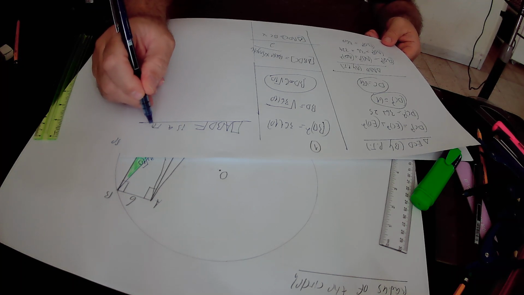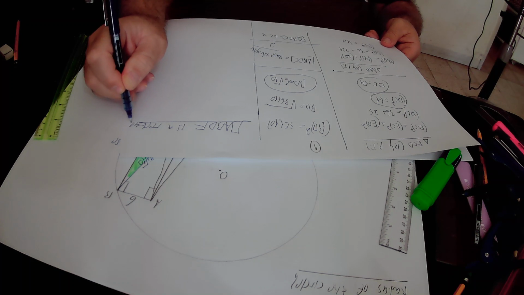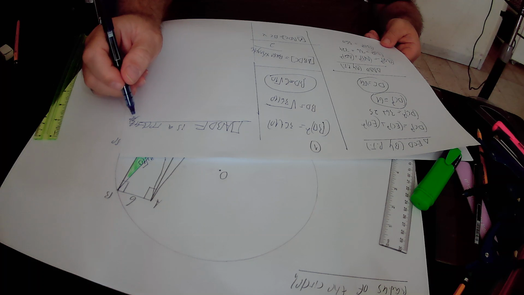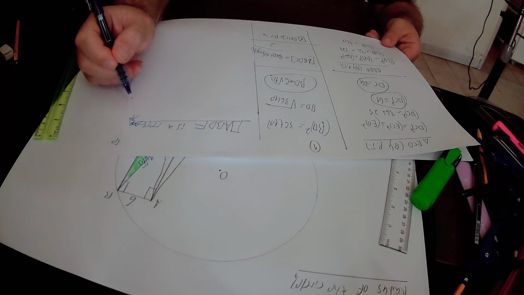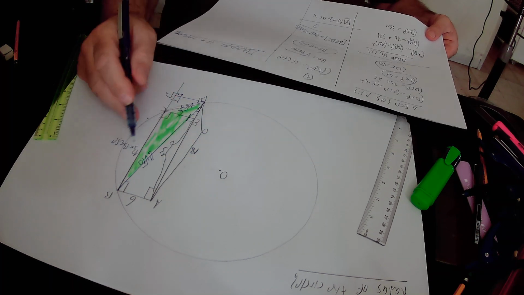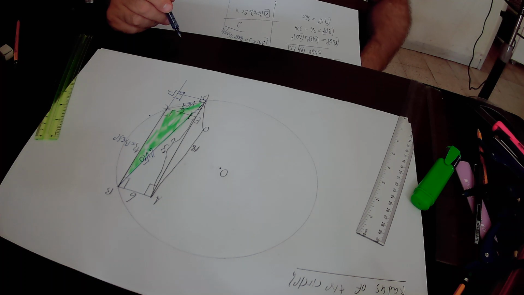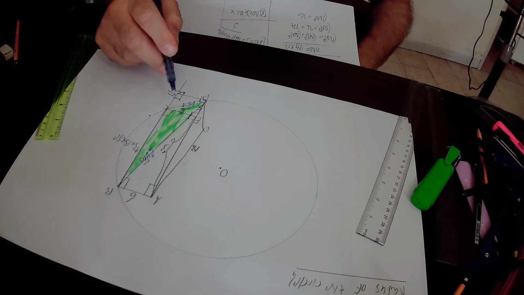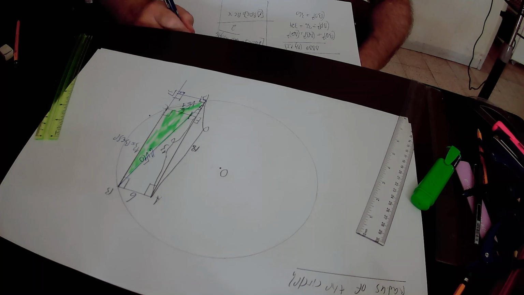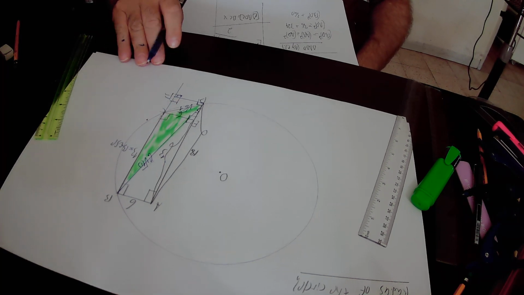Quadrilateral ABDF is a rectangle, and we know that the opposite sides of a rectangle are equal to each other. So in rectangle ABDF, AB must be equal to DF.